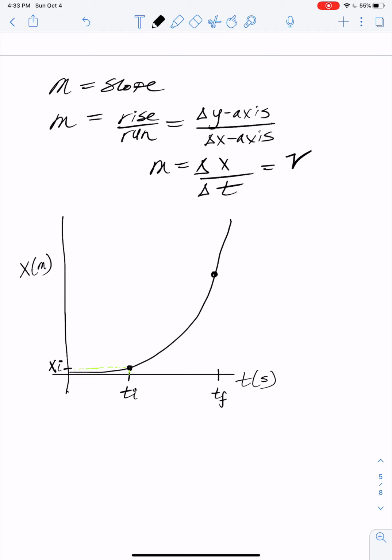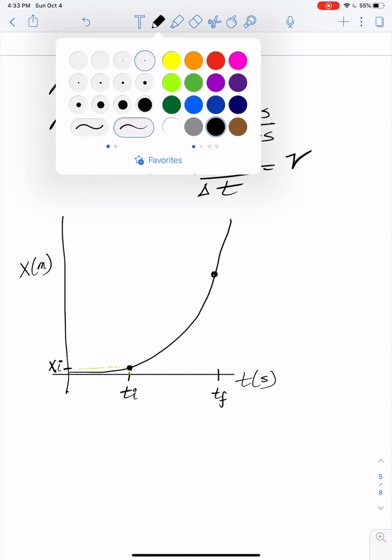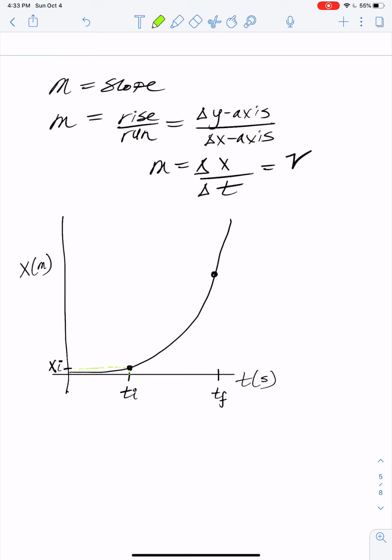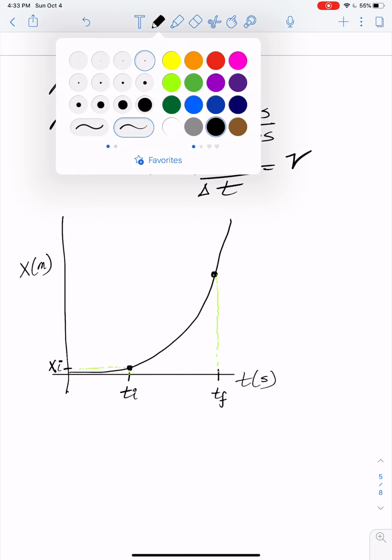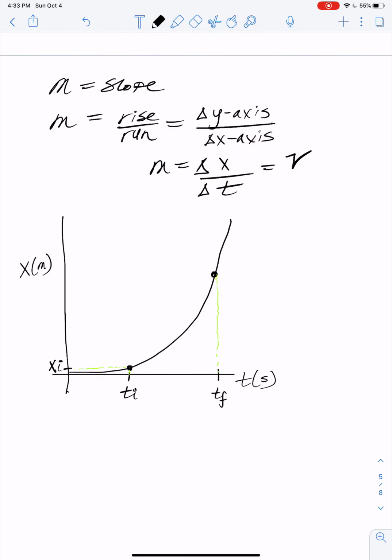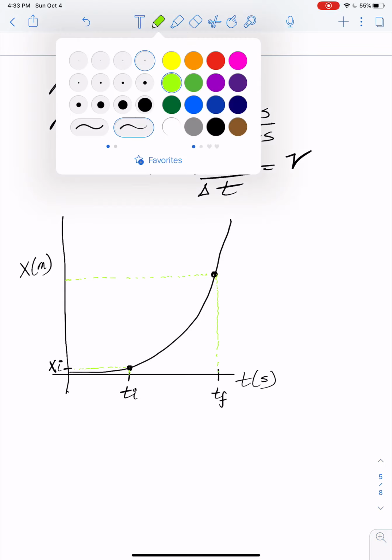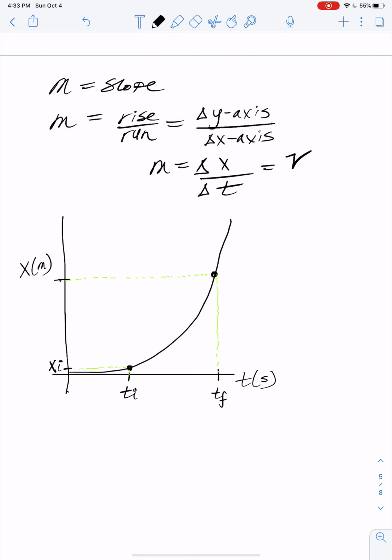And because this curve makes that weird shape, which we like to call a parabola or half of a parabola, when you follow tf up to the curve, it corresponds to this position.